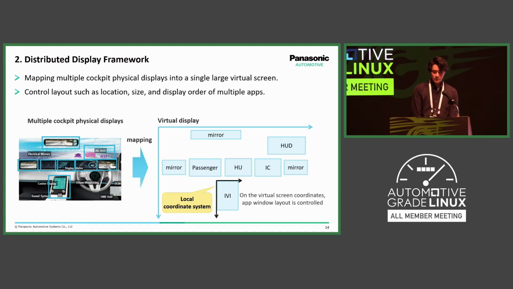The distributed display framework allows developers to control layout such as placement, size, and display order of multiple applications. If applications are placed across multiple displays on the virtual screen, RVGPU renders those applications remotely in the corresponding SoCs or virtual machines.